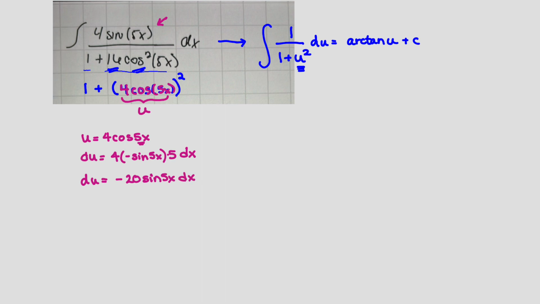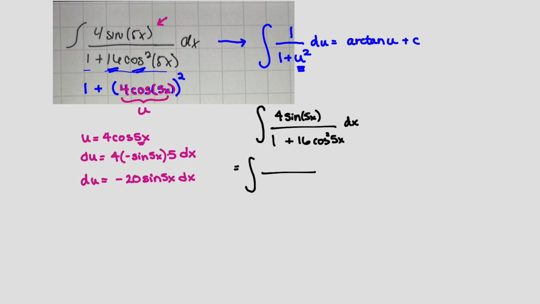Let's put all the pieces into our integral and see where we're at. Let me rewrite our original integral. So we're starting with 4 sine of 5x in the numerator, and in the denominator 1 plus 16 cosine squared 5x. But we said let's change this up a little bit and rewrite our denominator as 1 plus a quantity squared.